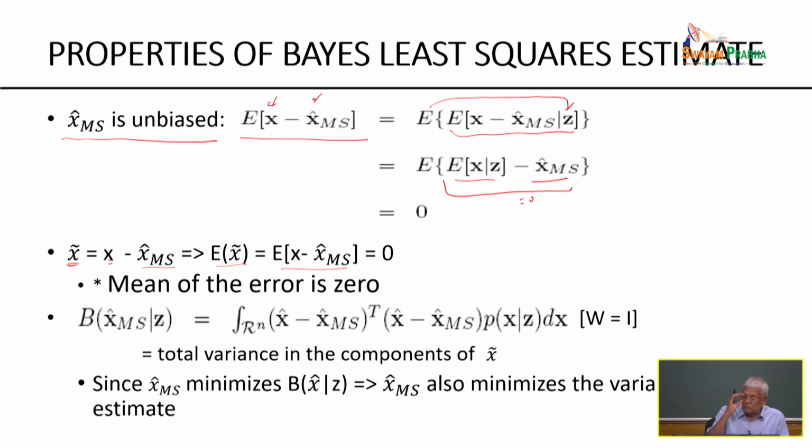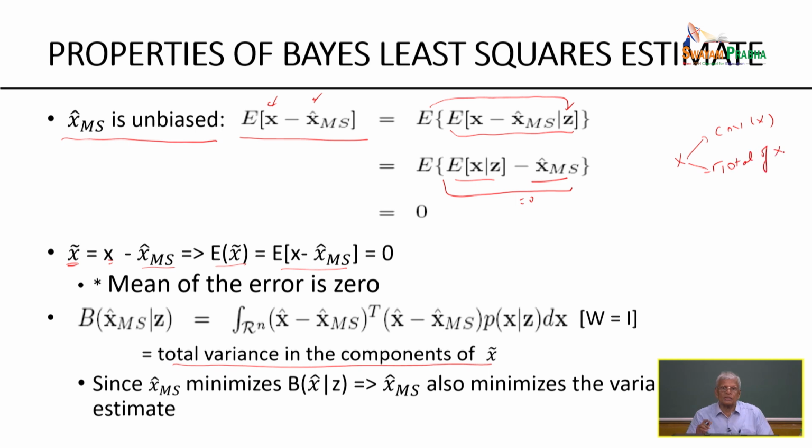Now, I would like to be able to compute the total variance in the components of the vector x. So there are two things. If I have a vector x, let's suppose I have a random variable x, I can talk about the covariance of x, which is the matrix. I can also talk about the total variance of x.